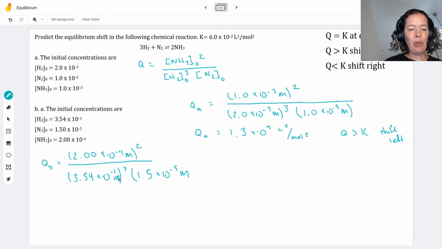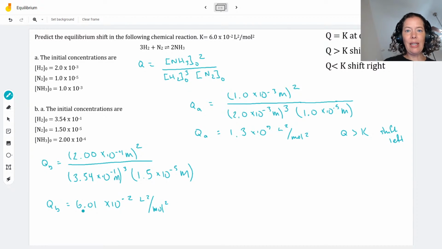Sorry, that is molarity. I'm going to squeeze that in right there. Okay, that is nitrogen. So if you put all that in your calculator, and I did this calculation, we get 6.01 times 10 to the negative 2, and that is liters squared over moles squared.